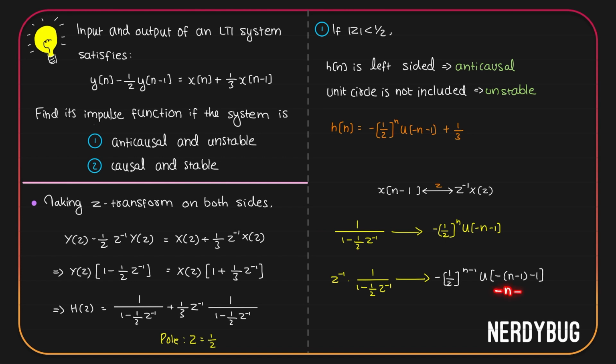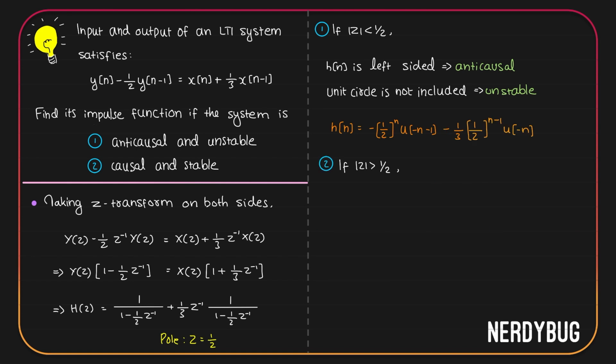This becomes minus n plus 1 minus 1. Plus 1 and minus 1 get cancelled. We simply get u of minus n. So the inverse of z inverse multiplied by 1 by 1 minus 1 by 2 z inverse is minus 1 by 2 to the power n minus 1 u of minus n. Let us add it over here.